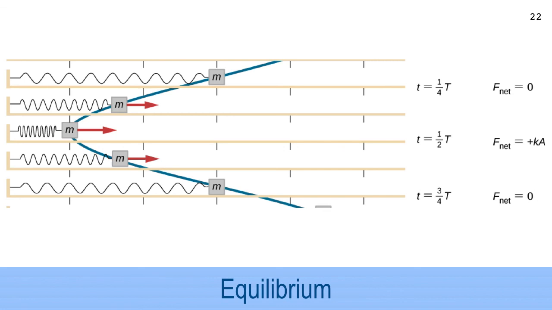Because from max compression all the way back to the equilibrium, you have rightward force in the direction of your motion. So F dot dx is a positive number. So make a note of that. From max compression back to equilibrium, F dot dx is positive. Every increment of kinetic energy you gain is positive.